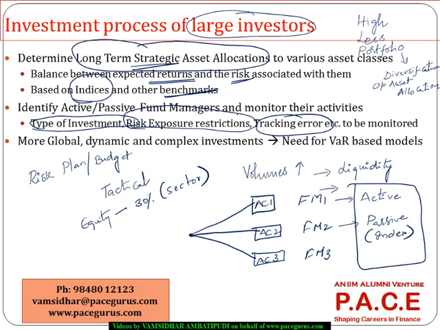Again, at any point in time, did this manager exceed in terms of the tracking error? So some kind of limits are set on each of these grounds, and based on that, the appropriate action plan is taken so that huge losses and huge deviations can be avoided, and this is sufficient as long as the investments are straightforward, not so complex.